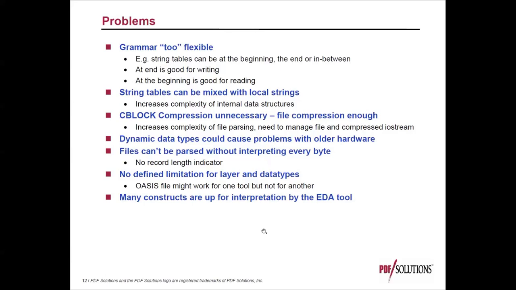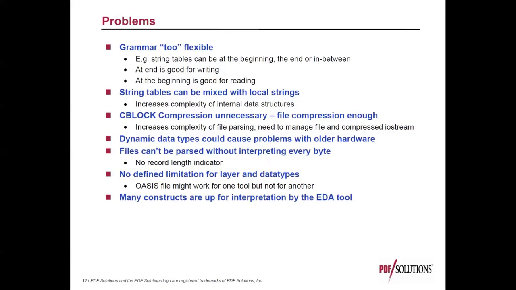It's not like in GDS, where you have a record length indicator and you can jump over certain things. The only thing in OASIS where you can do this is with the C block, because it has the length of the block at the beginning, so you could jump over it, but then you don't know what's in there.